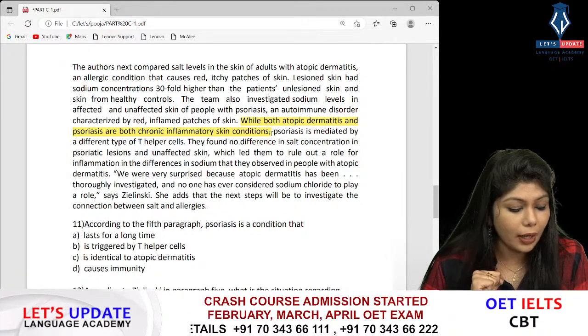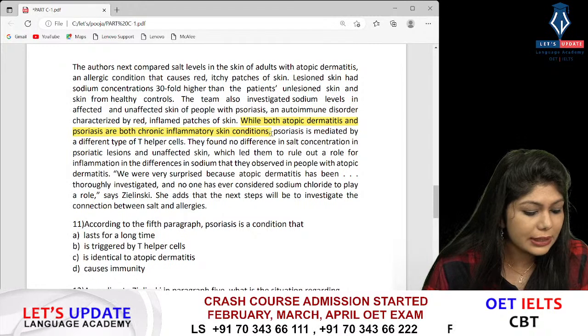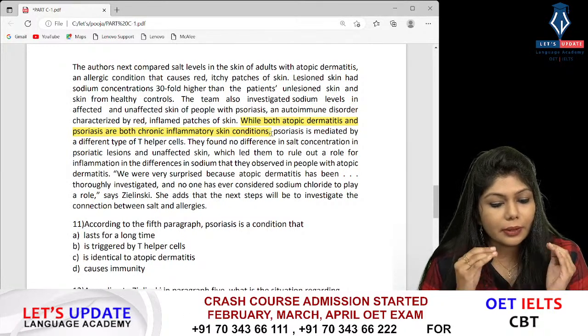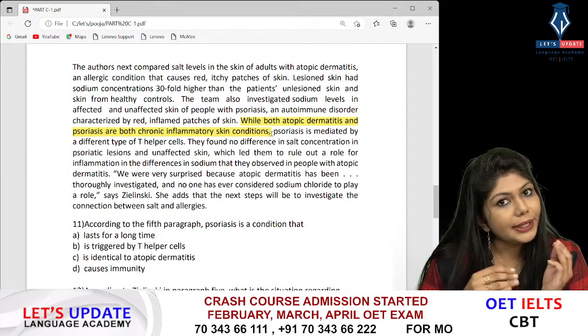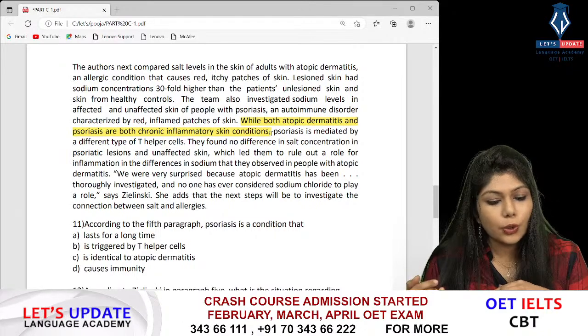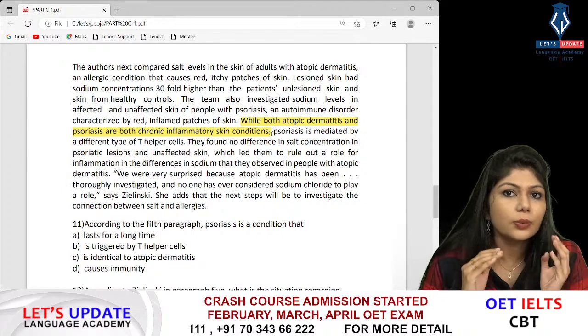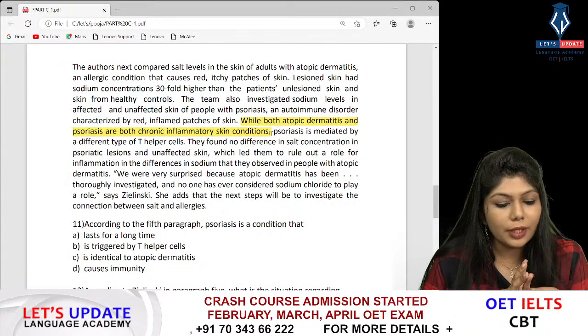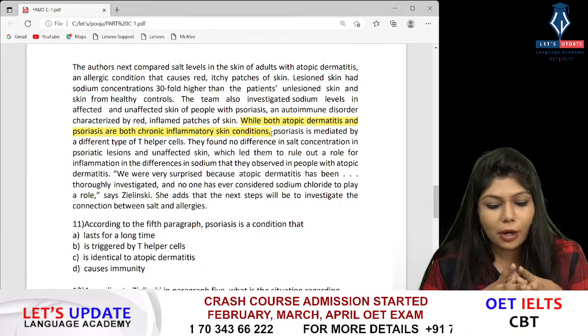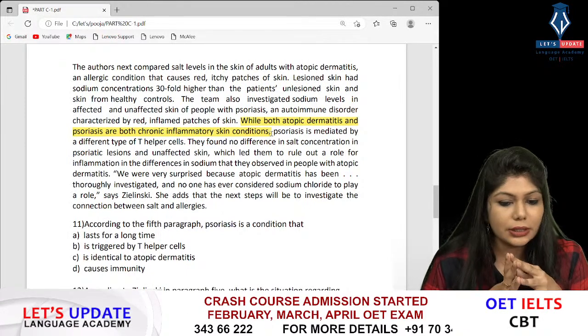And how do we eliminate B? Because they have mentioned that it is mediated by a different type of T helper, so option B, which says that it is triggered by T helper cells, will be wrong. And what about D? They have not mentioned that it causes immunity.